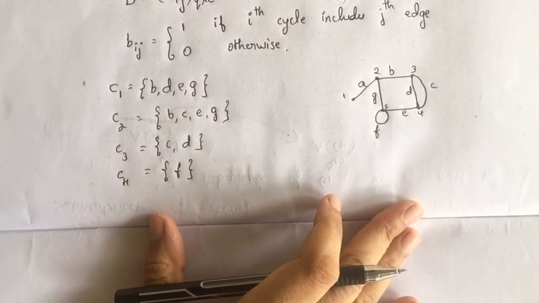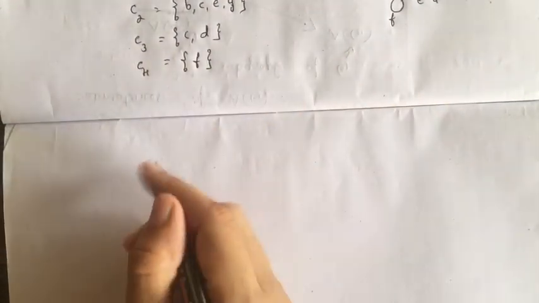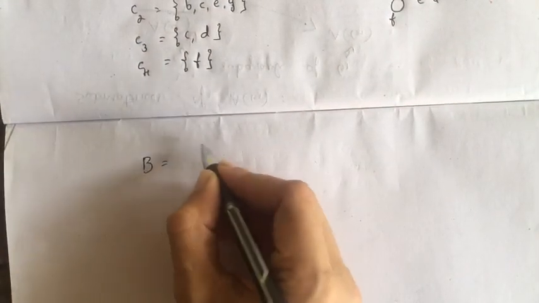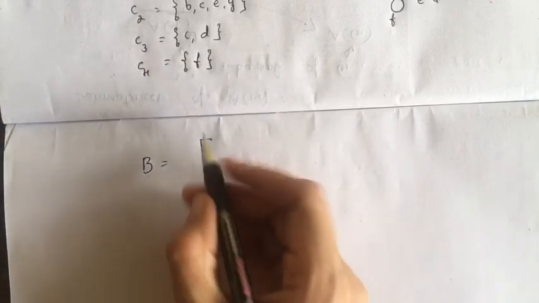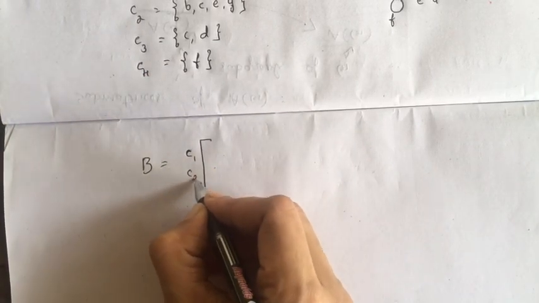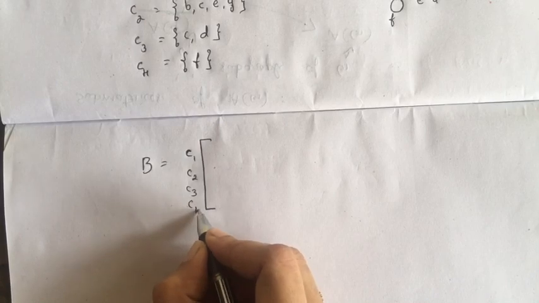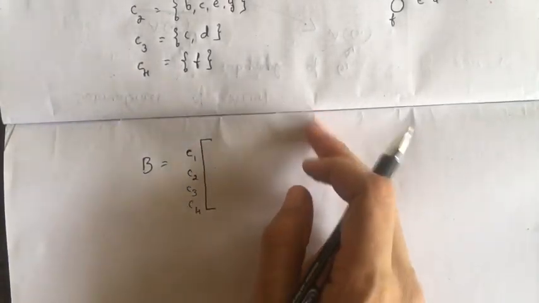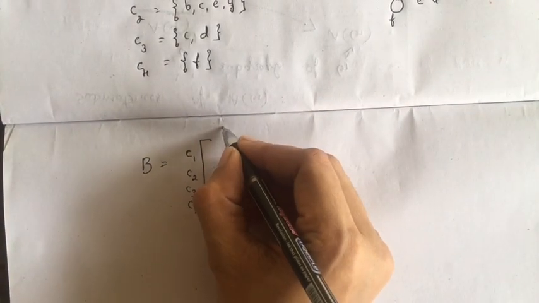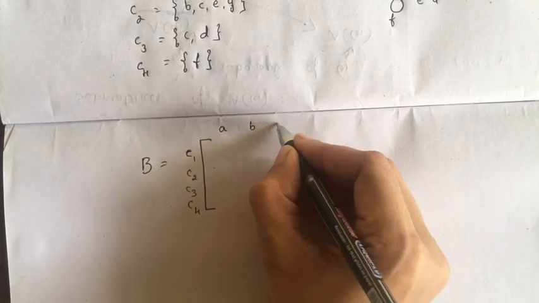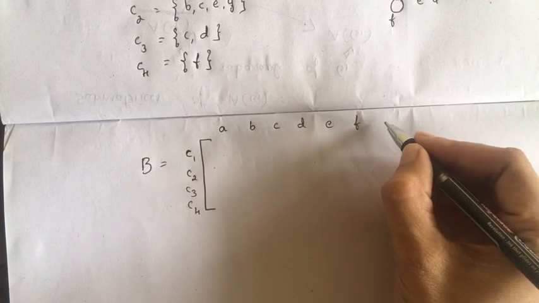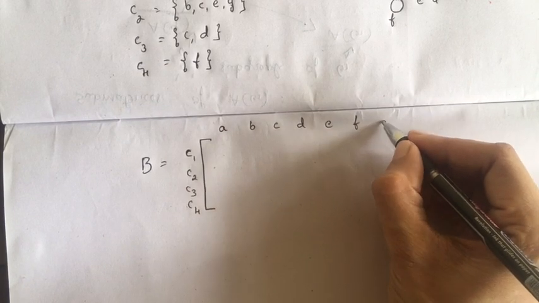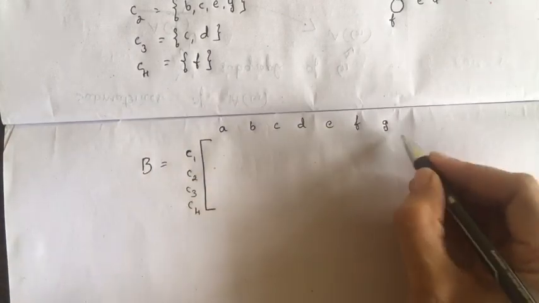So I am writing circuit matrix or cycle matrix is denoted by B. I have to take cycles along the rows C1, C2, C3, C4 and edges along the columns A, B, C, D, E, F and G. Okay.